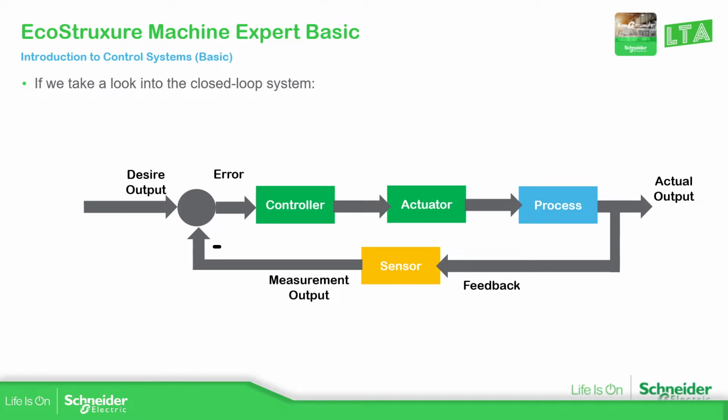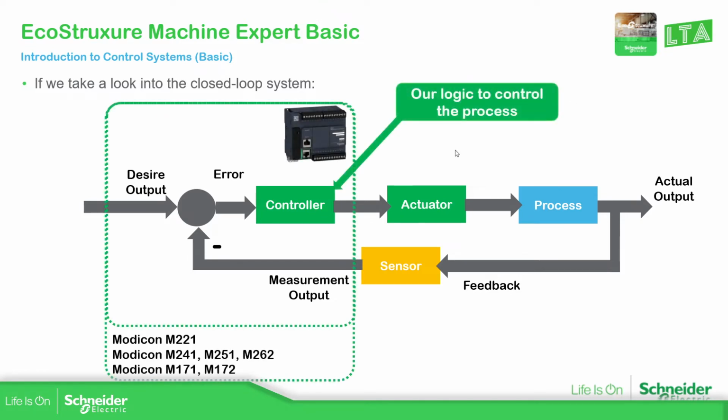If we pay attention here, this part over here is going to be our controller, which can define the type of logic that we want. Here are some examples of PLCs: M221, M241, M251, M262, Modicon M172, M71, 72.